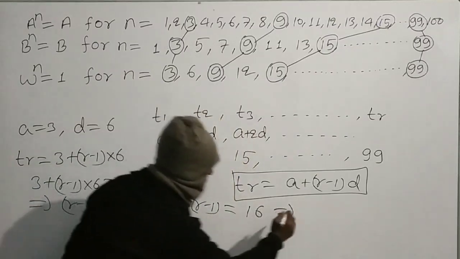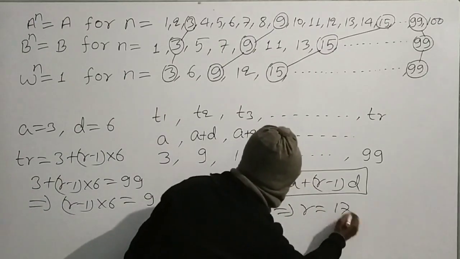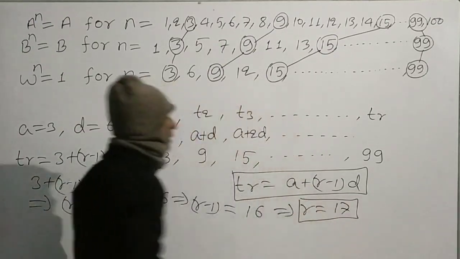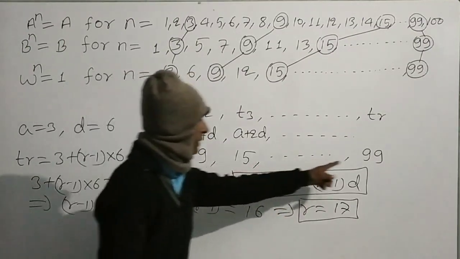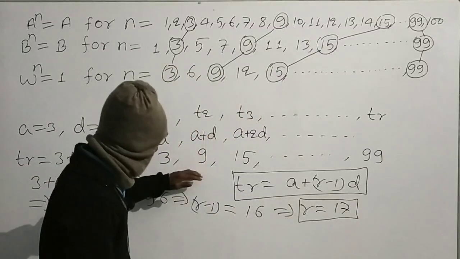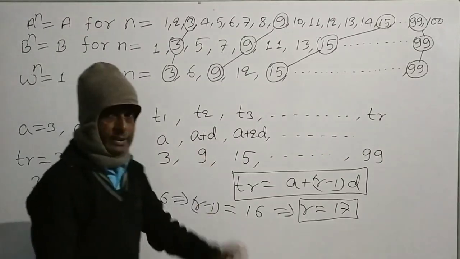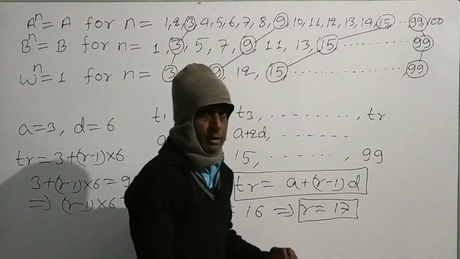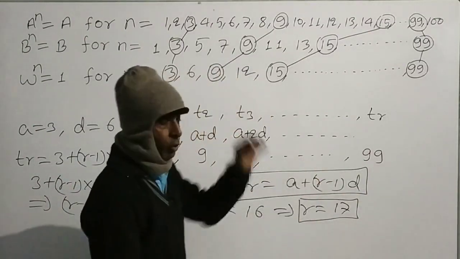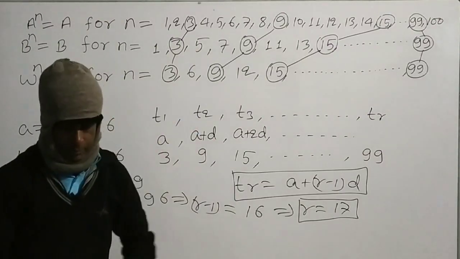This implies R is equal to 16 plus 1, which is 17. That means there are 17 numbers in this arithmetic progression, and all the numbers satisfy these three equations simultaneously. Therefore, there are 17 values of n from 1 to 100 that can satisfy these three equations simultaneously.